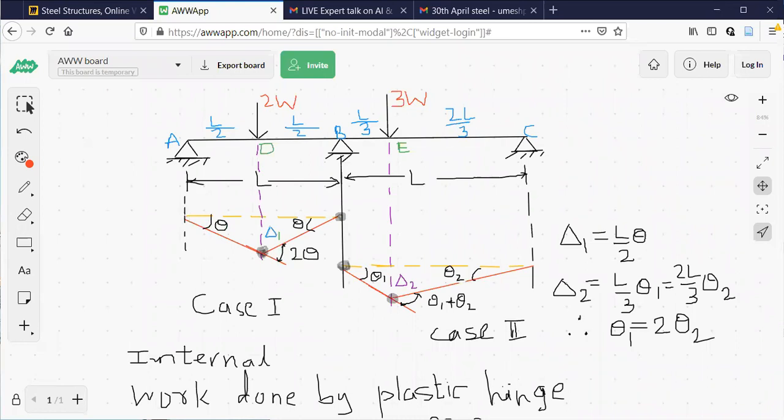Your video mode is on. See, try to understand one thing here. Don't come on video mode.